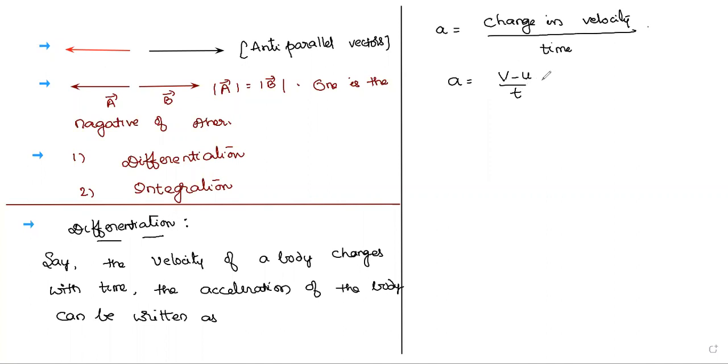And from this, I think your ma'am has taught one equation, means AT is equal to V minus U. So now you can recollect one formula that you learned in your lower standards, V equals U plus AT. I think it is a famous formula. All of you remember. Is it not? All of you know this. Yes, V equals U plus AT. Yes, all of you remember. Yes, I believe.